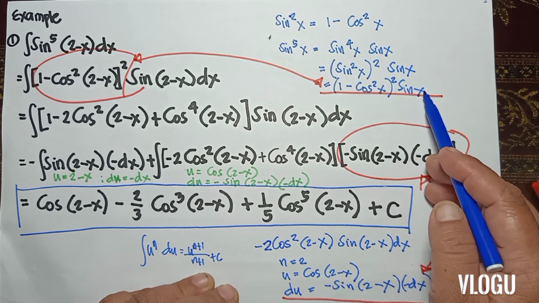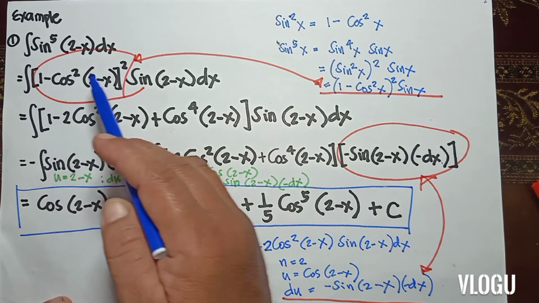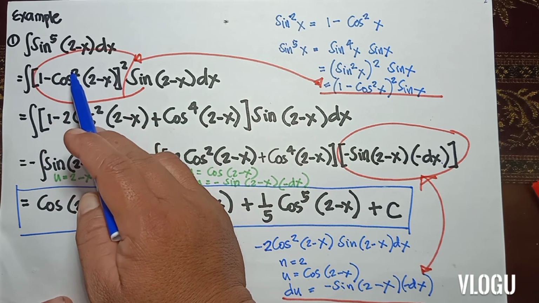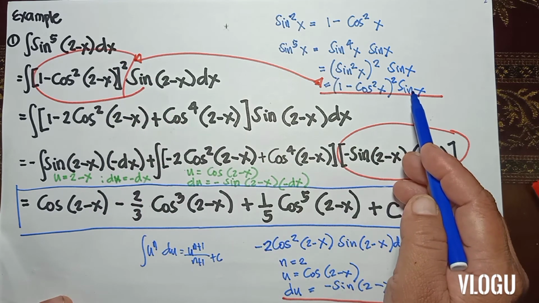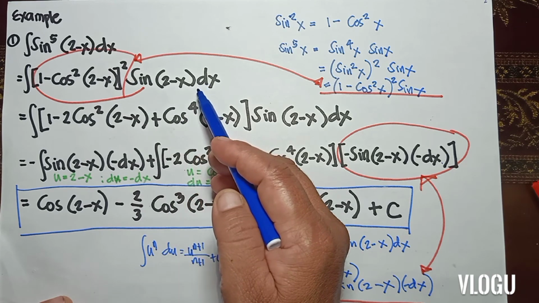That is the reason our second line is similar to this: (1 minus cosine squared (2 minus x)) squared, then you will have sine (2 minus x) dx.